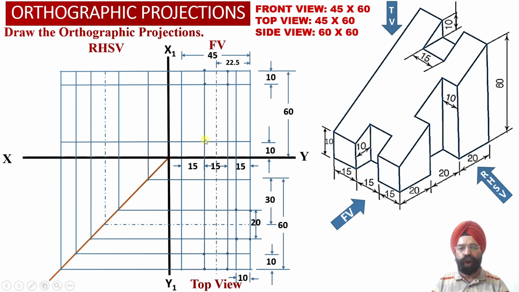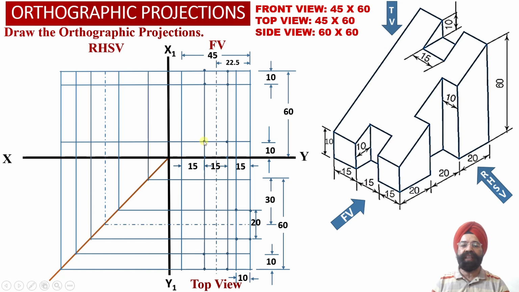So the 4 dots we have obtained correspond to this cut section which is parallel to the vertical plane. You can check we have been able to obtain true shape up to this point. So this surface's true shape has not yet been obtained over here. Only the true shape of this cut section has been obtained into the front view projections over here.